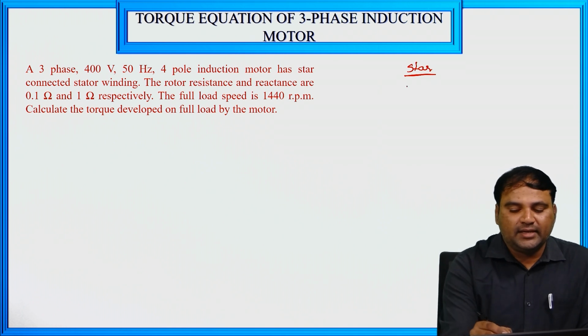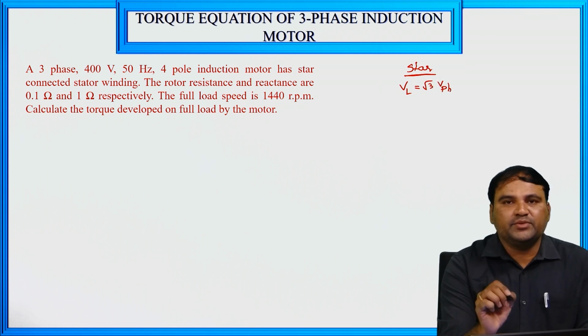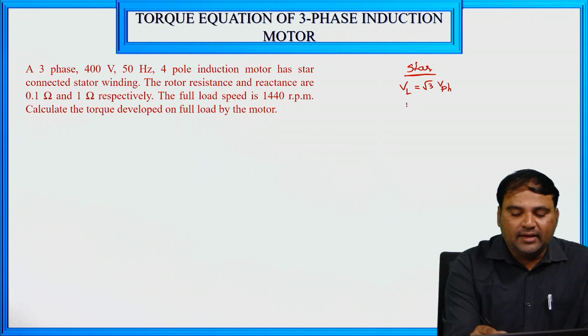In star connection, line voltage is equal to root 3 times the phase voltage, and the line current is equal to the phase current.